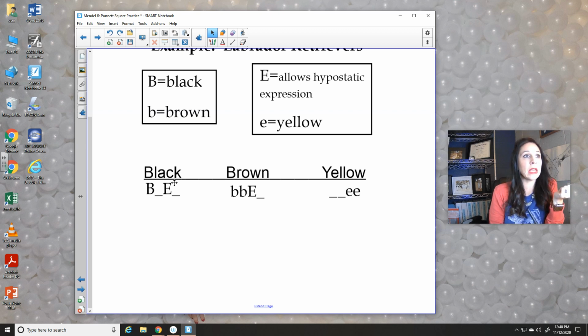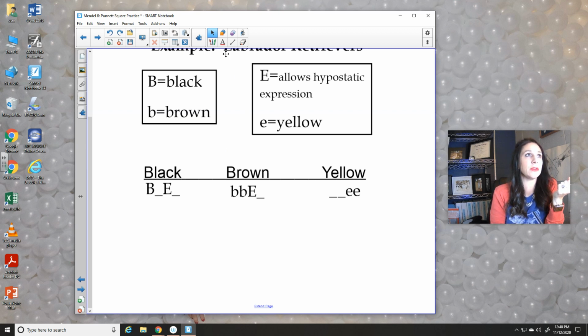However, for a brown lab, you have to have two little b's, and then the E, again, does not matter if it's homozygous or heterozygous. For a yellow lab, you have to have the two little e's, which remember means we're not going to deposit the pigmentation for a black or a brown lab.